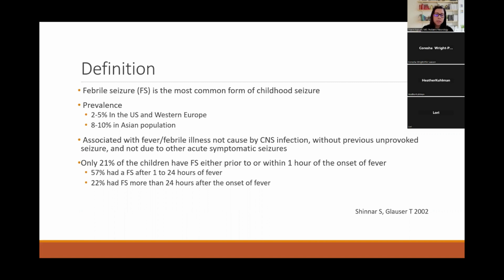It's defined as a seizure that is associated with a fever or a febrile illness that is not caused by a central nervous system infection. The patient cannot have a prior unprovoked seizure, and it's not due to other acute symptomatic seizures, for example, like a TBI or a tumor, some other acute causes.